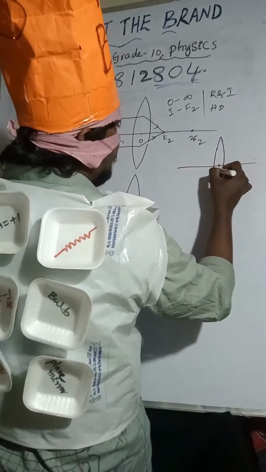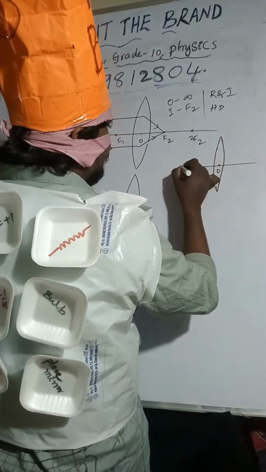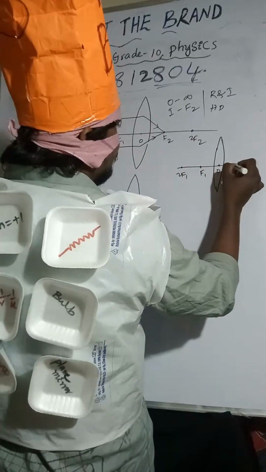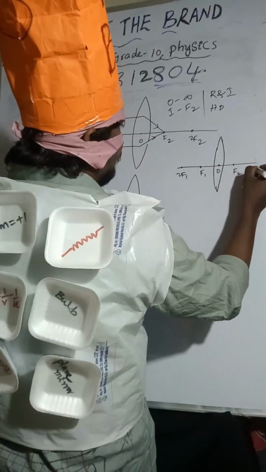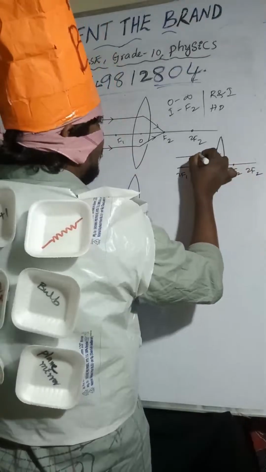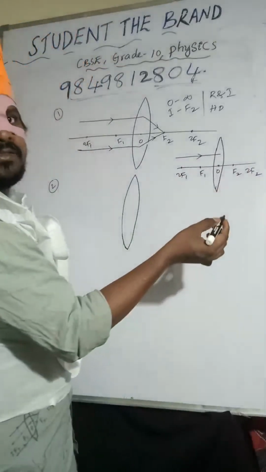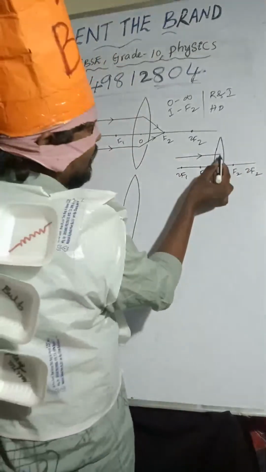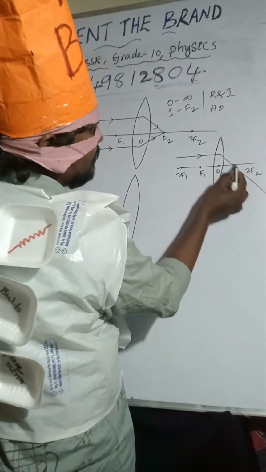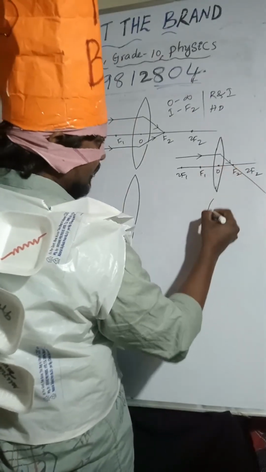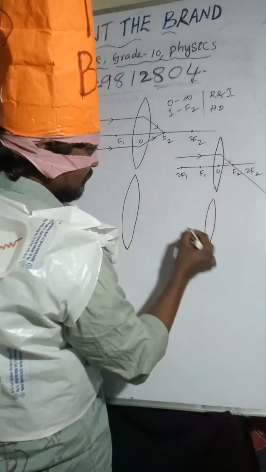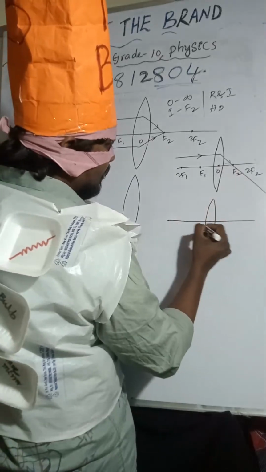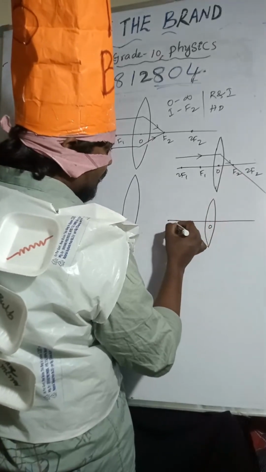So optic center, F1, 2F1, F2, 2F2. One light ray I am taking, after refraction it passes through the focus. The second light ray I am taking like this.